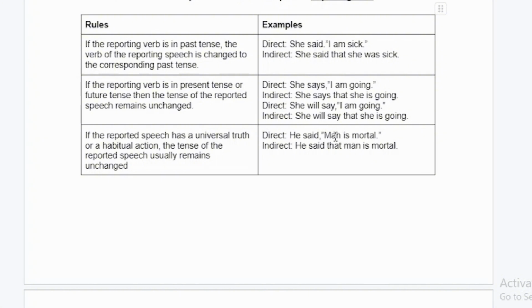And why are we not using a capital M? Because within inverted commas the first letter would be capital, but in the flow of a simple sentence, you will use the small letter. That is again the thing you have to remember.